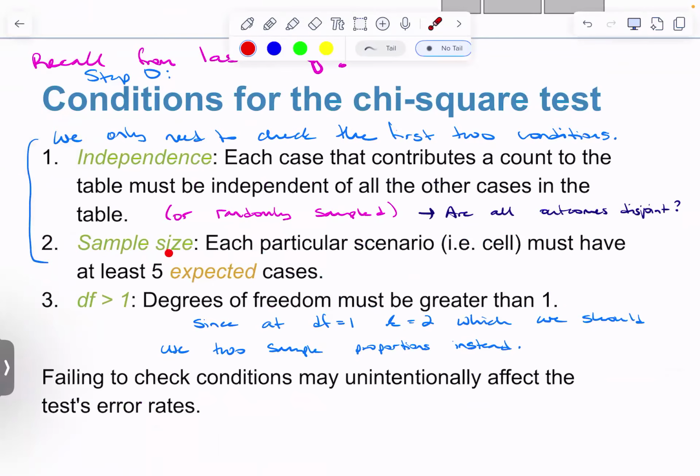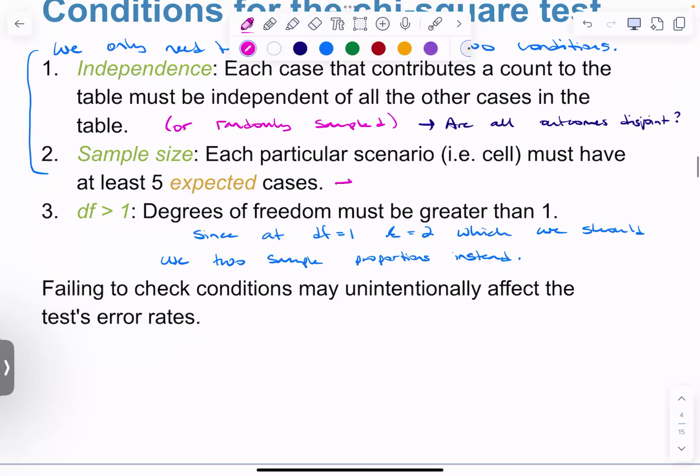The sample size condition: each cell has to have at least 5 expected cases, which means we need to find the expected counts. Often what we do for chi-squareds is immediately calculate all the expected counts, even before you start your hypothesis test.